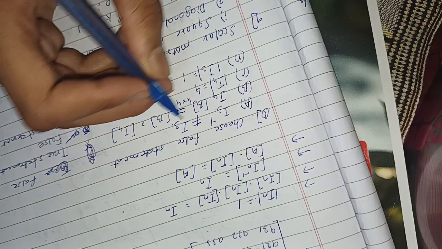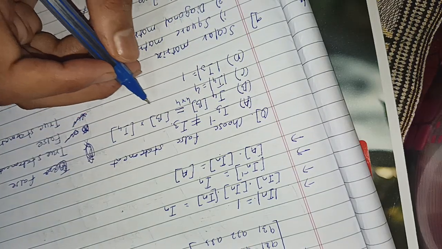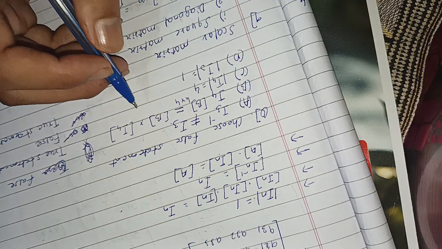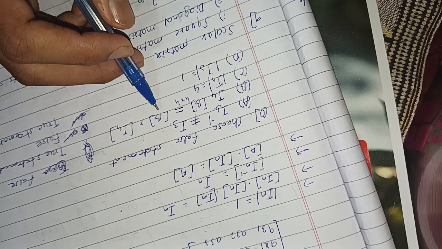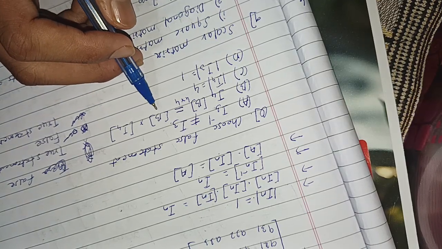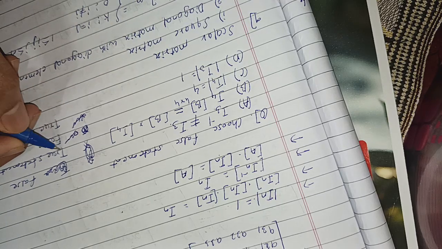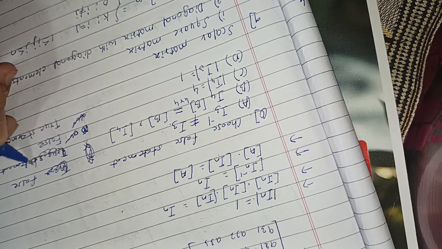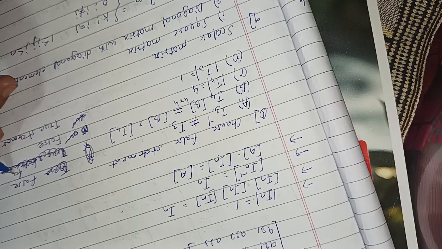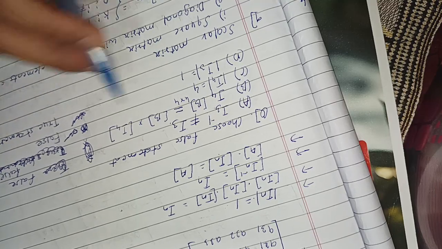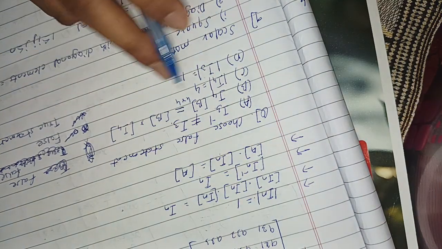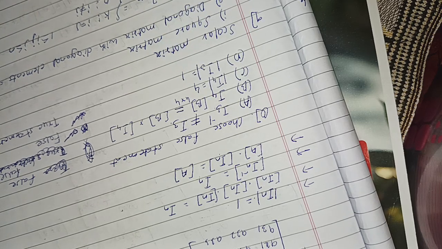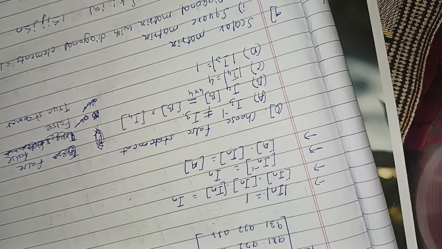Since this is equal, this is false. We will get here only B. So this is false. I4 we will get In, so this is also false. This is the only true one.